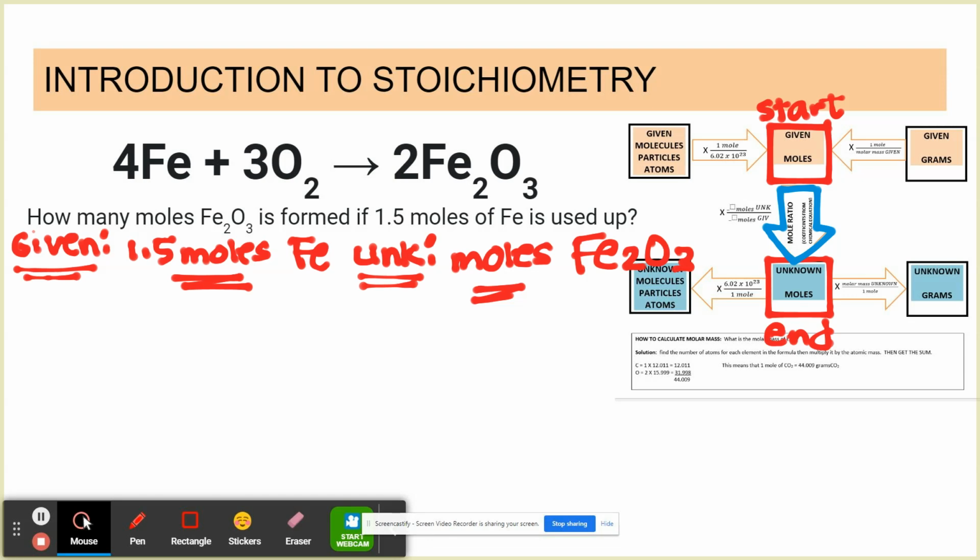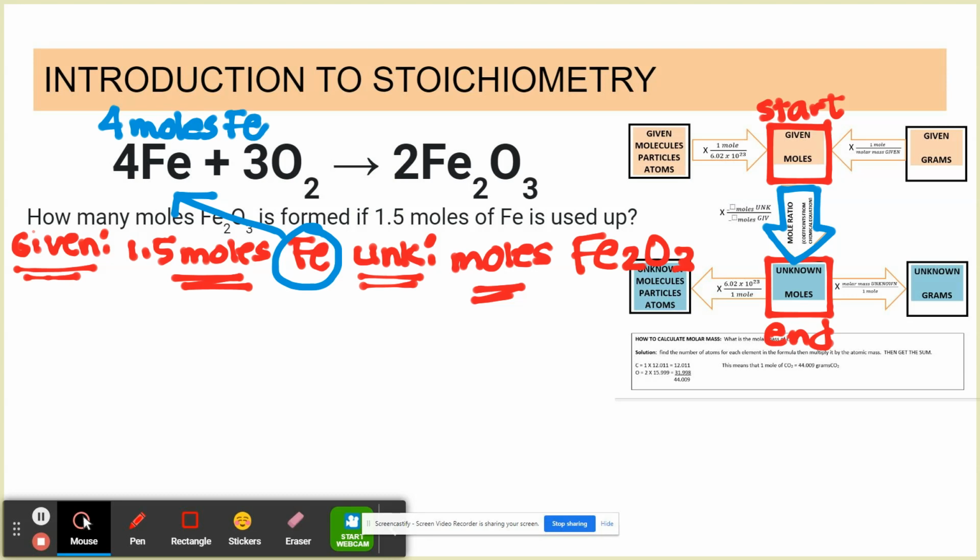So how do you know? There's three of them: 4Fe, 3O2, 2Fe2O3. How do you know which two? Remember, you only need two. How do you know which two you need? You have to look at your given. So what's your given? Fe. So I need that Fe, and that is 4 moles of Fe.